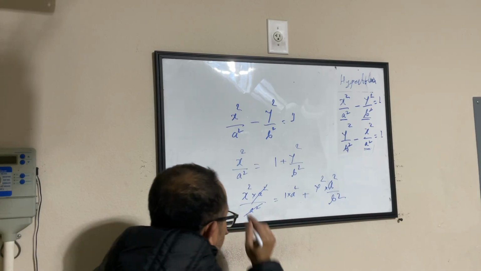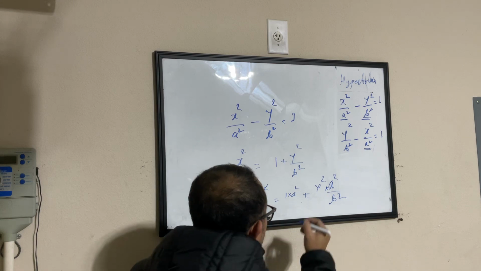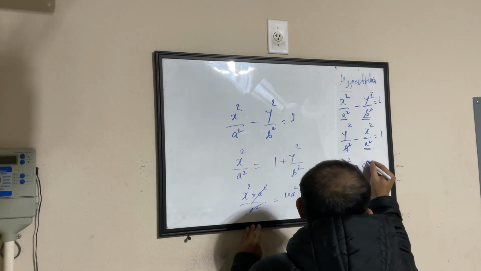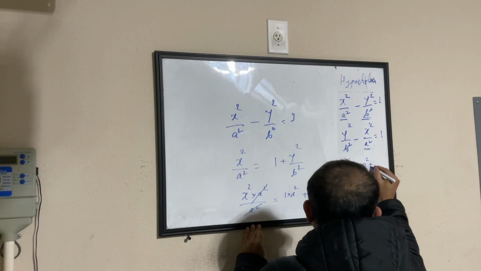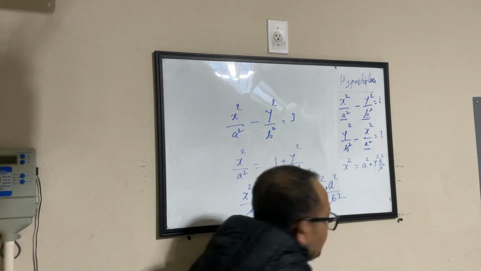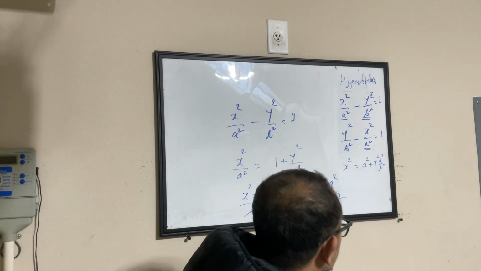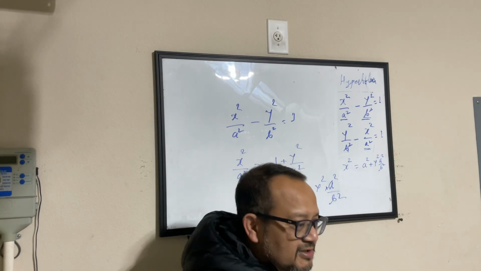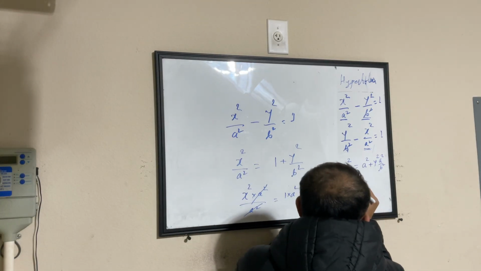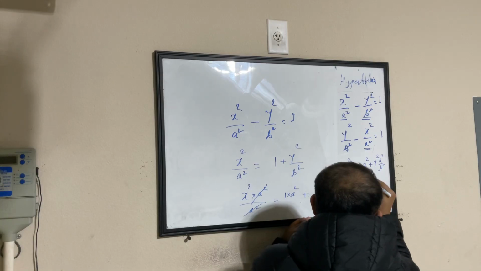These two you can cancel out. So this equation becomes x squared equal to a squared plus y squared times a squared by b squared. And you think, what is this old man playing with, right? Now let's play a little bit more.